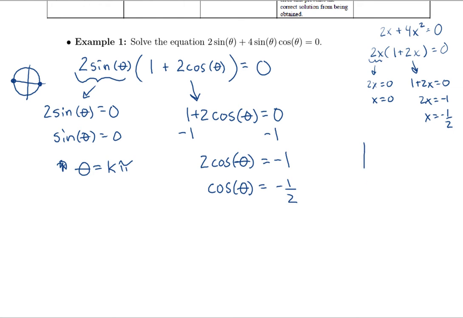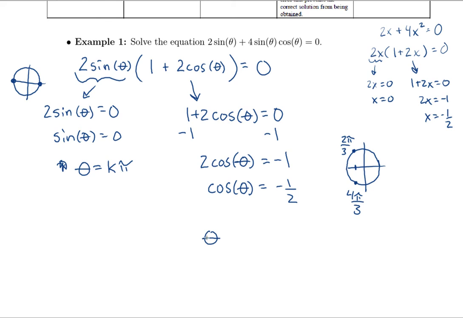And then, we can do the same sort of analysis, right? Where on the unit circle does this happen? Well, here's -1/2 on the x, so that would happen here and here. So that should make me think of 2 pi over 3 and 4 pi over 3.